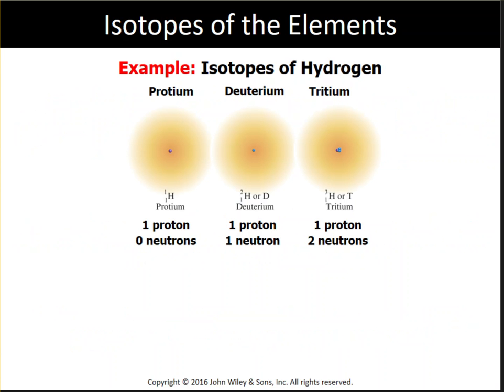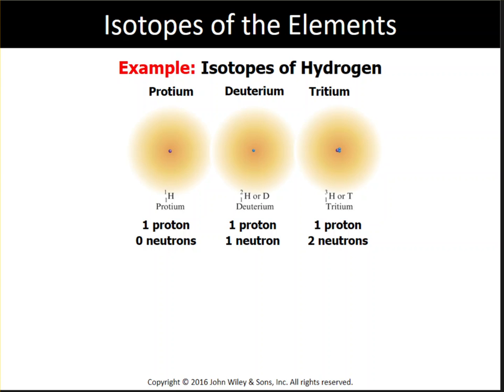So here I want to show you an example of isotopes. On this slide, you see three different isotopes of the hydrogen atom: hydrogen 1, hydrogen 2, and hydrogen 3. Hydrogen 1 has 1 proton and 0 neutrons.